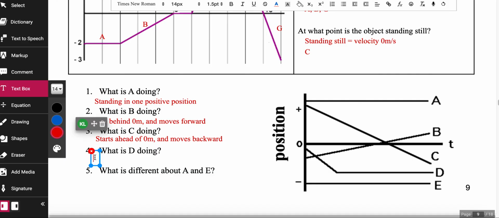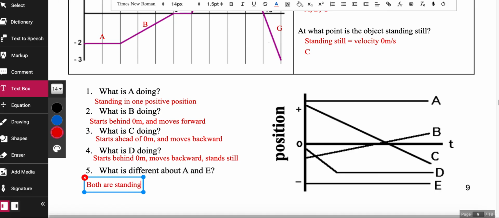What is D doing? D starts behind 0 meters, moves backward, and then stands still. And then what is different about A and E? So A is up here and E is down here. So both are standing still, meaning they have constant position, okay?